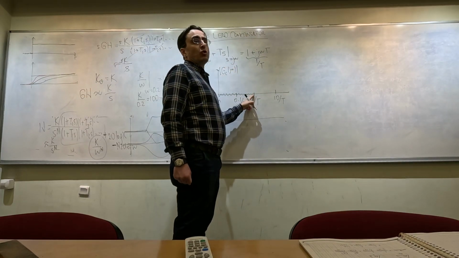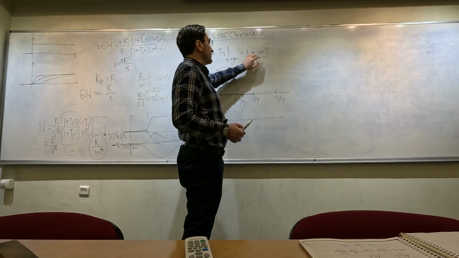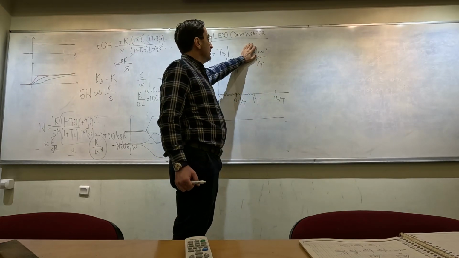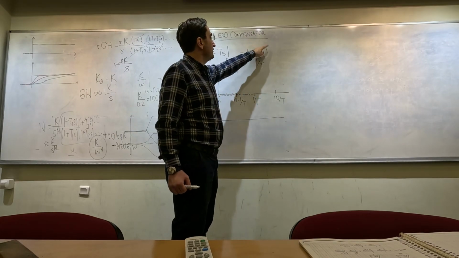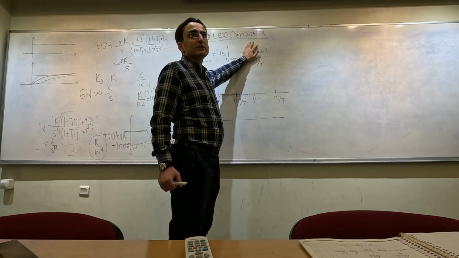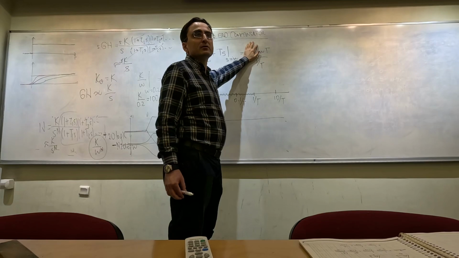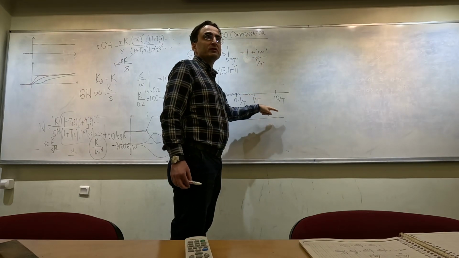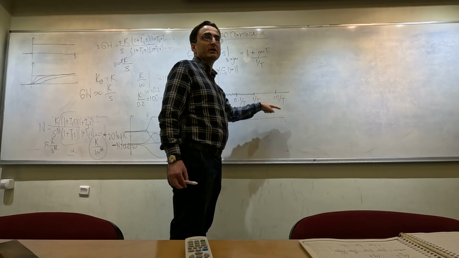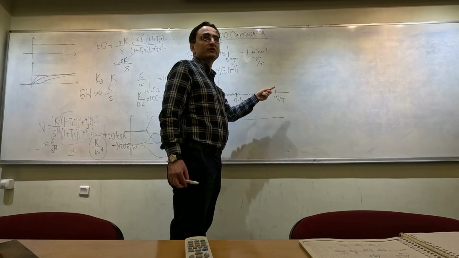And at the corner frequency, what is going to happen? For frequencies larger than 1 over T, this term is going to be negligible, and this thing is going to turn into j omega T. What type of asymptotic Bode plot is it going to bring to us? Should the magnitude decrease or increase?